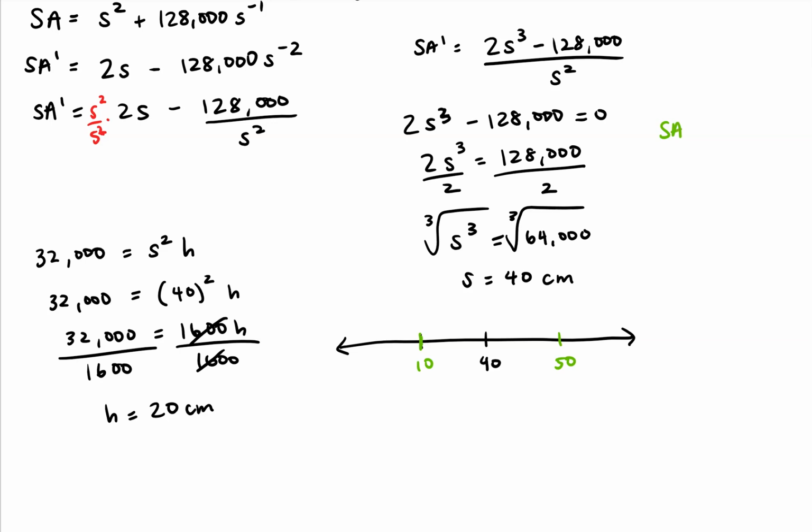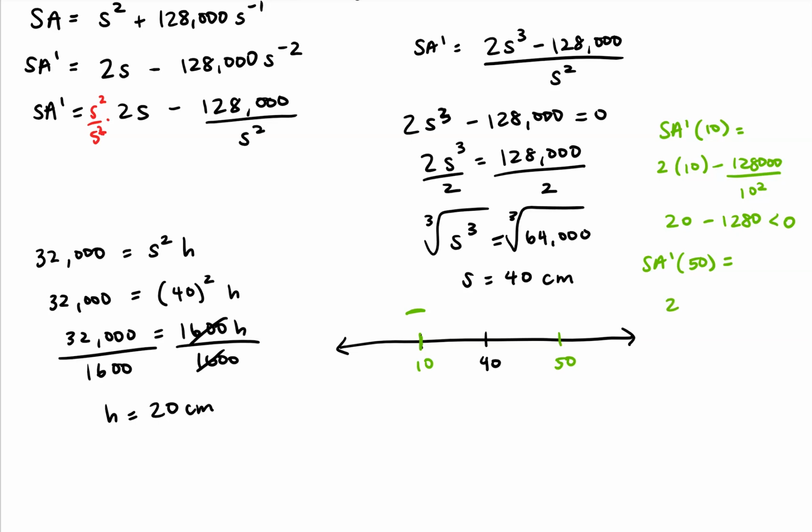So SA prime of 10 is equal to, let's see, 2 times 10 minus 128,000 over 10 squared. That's going to be 20 minus 1,280. So that's definitely going to be negative. So this is negative. And then let's find SA prime of 50.